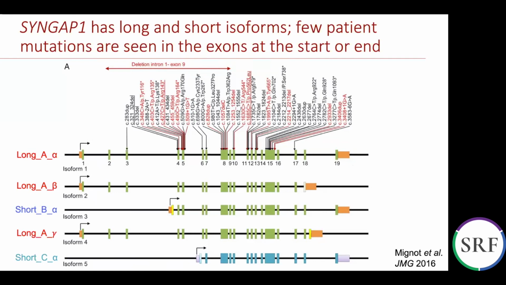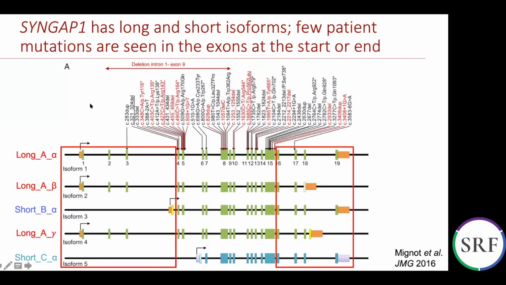But the second thing which caught my eye was that if you look at the ends, there are very few mutations. They all seem to cluster within the middle. For a missense mutation, that wouldn't surprise me at all. It looks like all the really important functional domains tend to be in the middle, and a missense variant needs to disrupt a functional domain to have an impact.